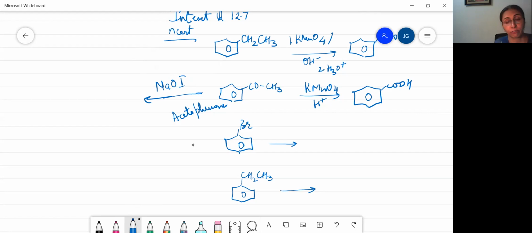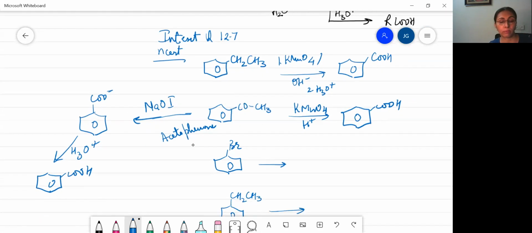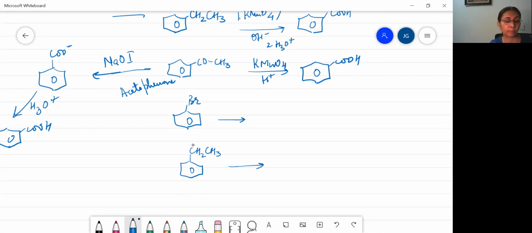So iodoform will be removed and the rest of the molecule will be converted into carboxylate ion, which upon acid hydrolysis will again give you carboxylic acid. Okay? So benzoic acid. You have to convert all of them to benzoic acid.